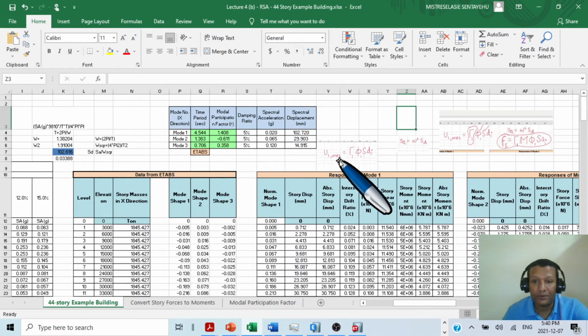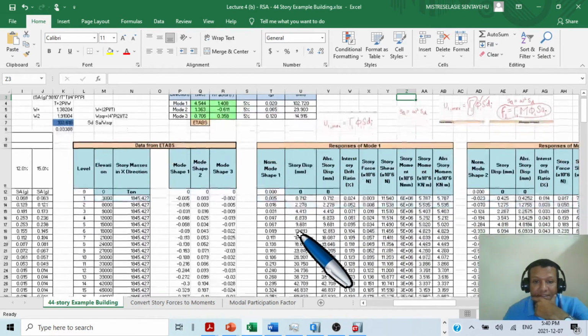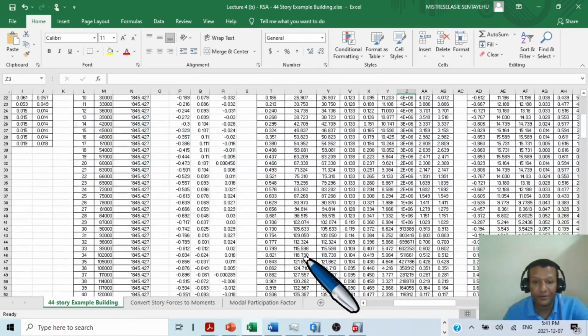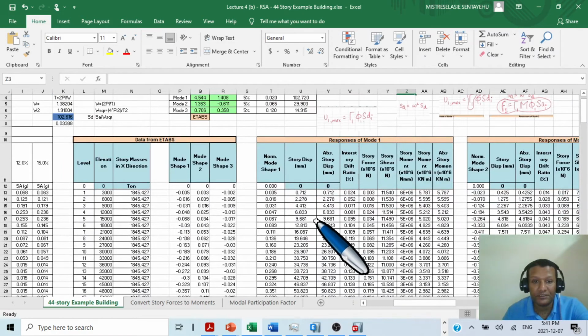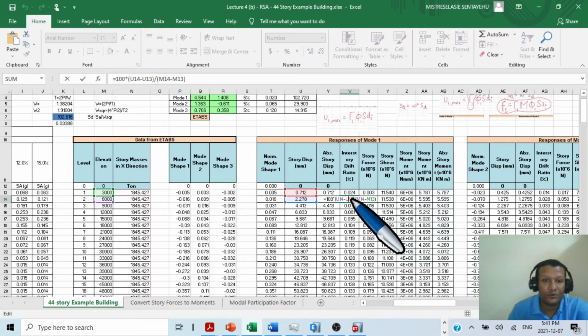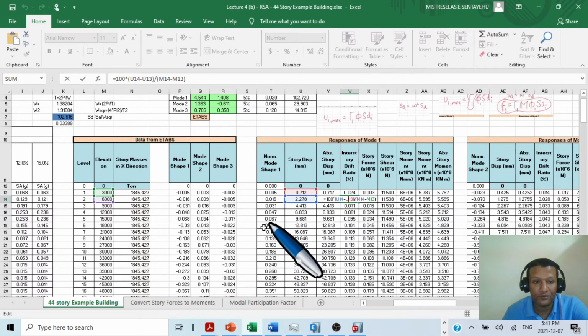So this is the formula we have, phi i times this. So for absolute story displacement, any negative we find here, we will change it into an absolute value. Then inter-story drift, this is upper minus lower, from here to here, here to here. Elevation, we have elevation, then we have here.